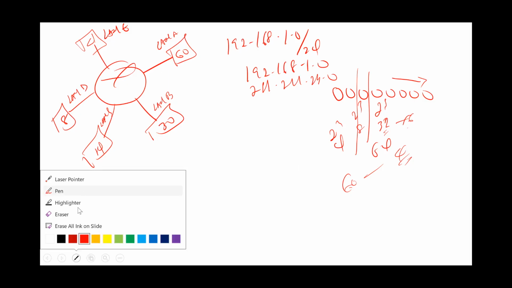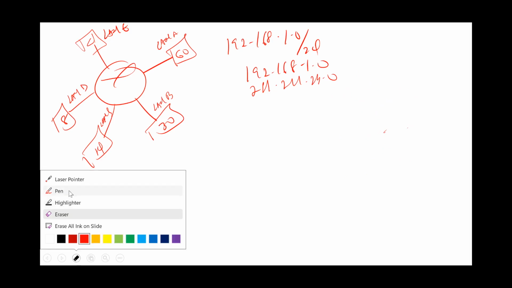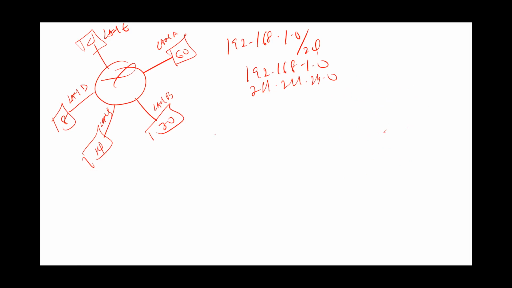So watch out and follow me right now. I will get rid of this mess I created on the screen, and then write out all those bits and borrow 2 bits. So watch what is going to happen, guys. If I borrow 2 bits, so 1, 2, 3, 4, 5, 6, 7, 8, the formula 2 raised to power 2 will create 4 subnets.